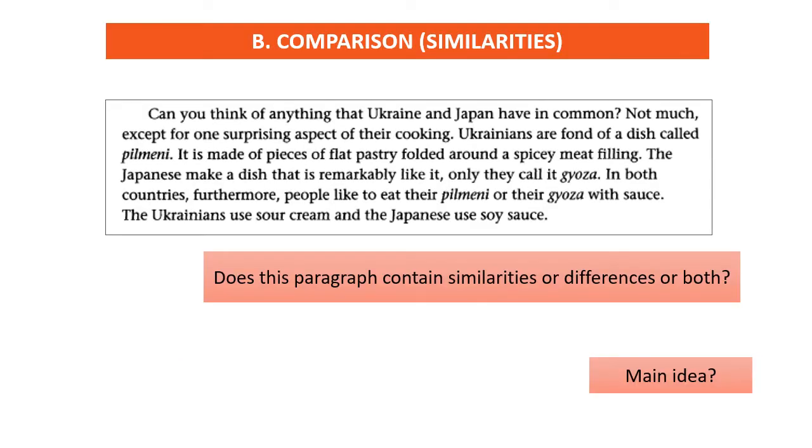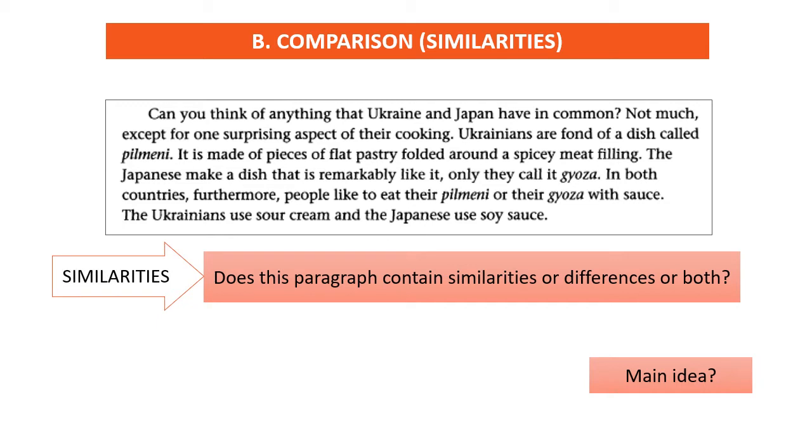So the next questions are: does this paragraph contain similarities, differences, or both? And what is the main idea of this paragraph? Okay, what is your answer for these two questions? Well, for the first question, yes, this paragraph contains similarities only.